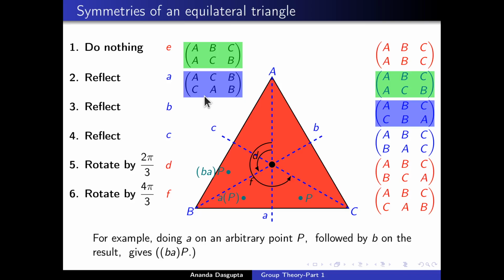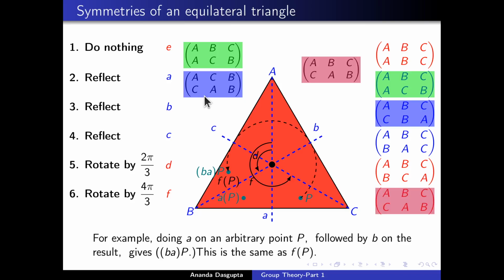So the result of these 2 operations done one after the other is this: A goes to C. That is, you can just imagine that you have just omitted the two repeated lines and you've got A goes to C, B goes to A, and C goes to B, which is of course this operation down here, namely the same thing as rotating the whole thing by 240 degrees.